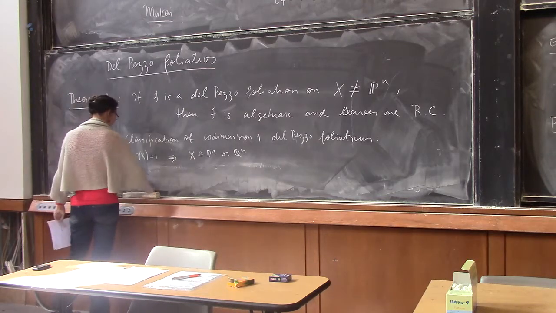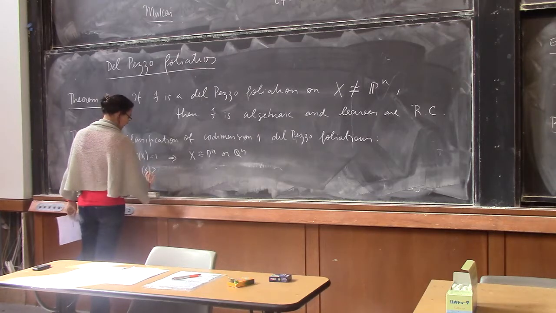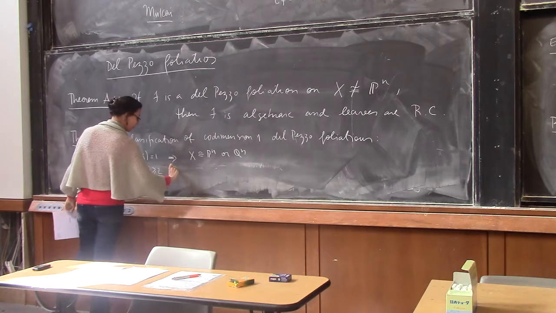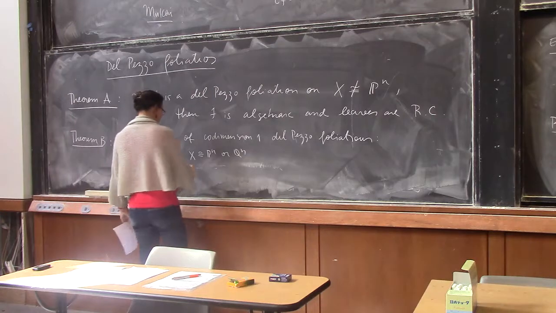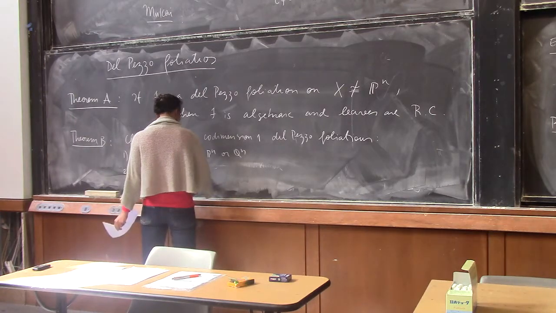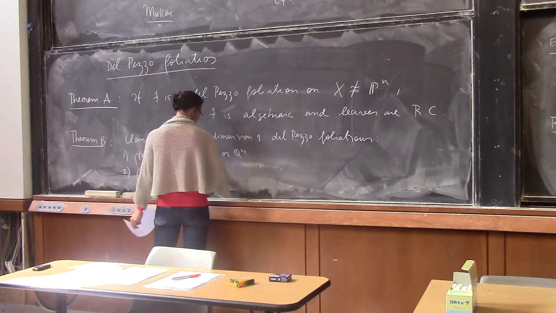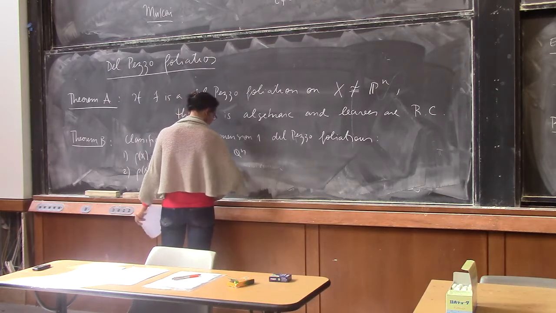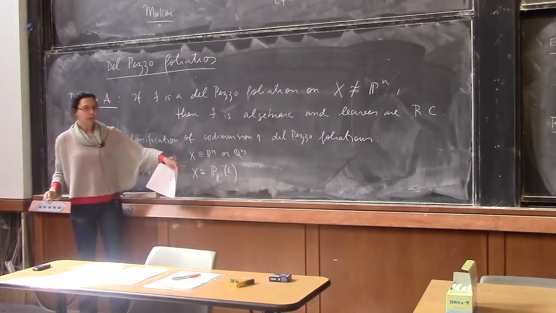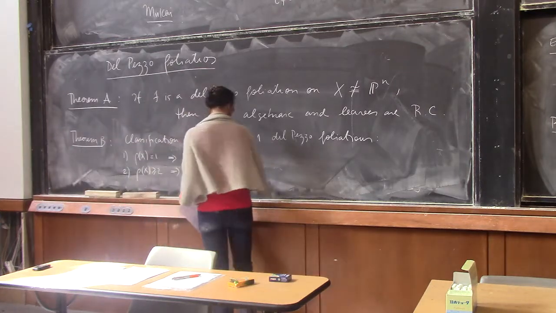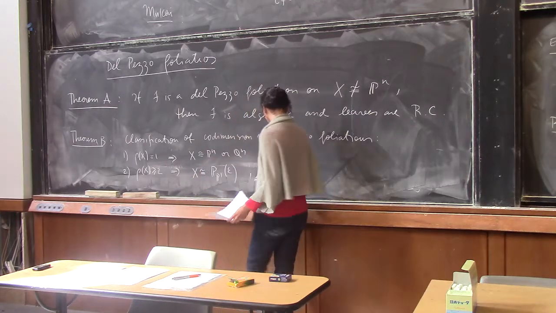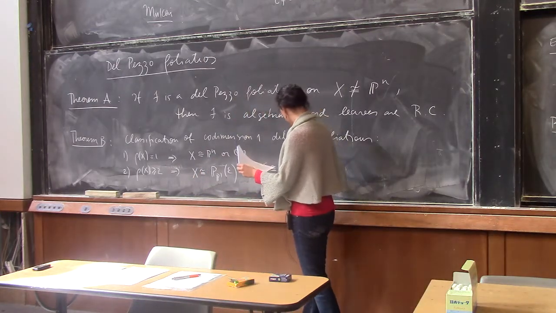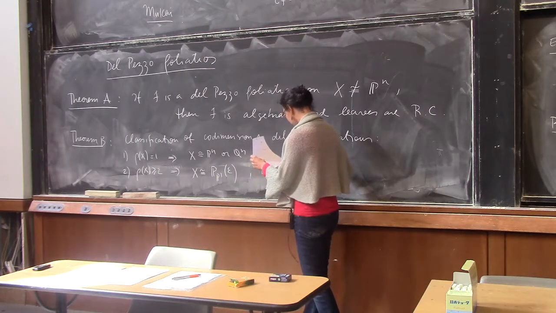And if the Picard number is at least 2, then X must be a projective space bundle over P1. Here we classified all the possibilities for E over P1. There is a list.